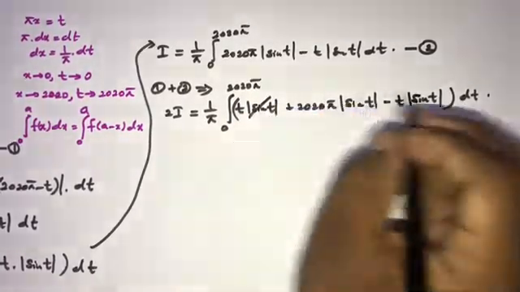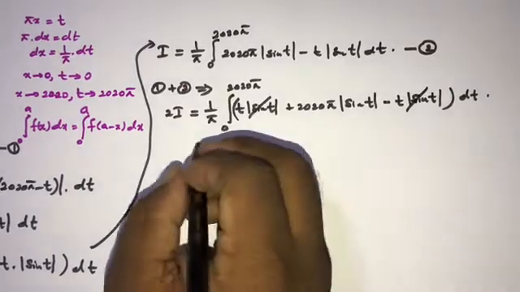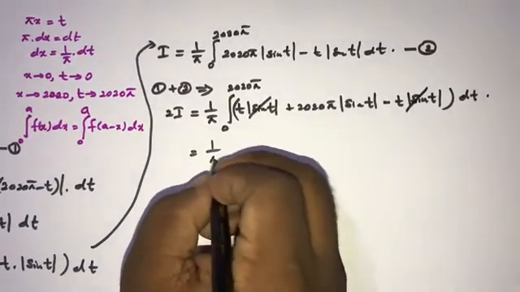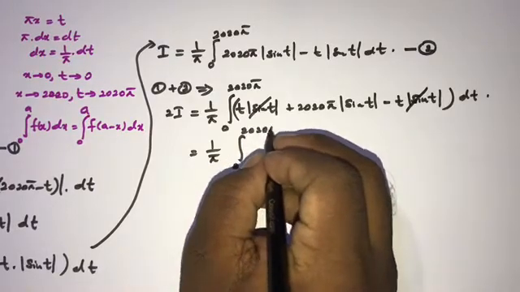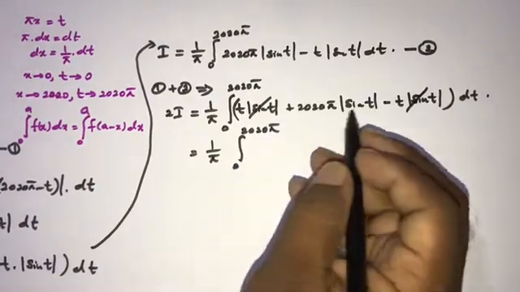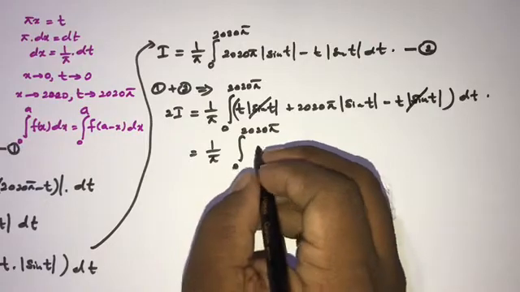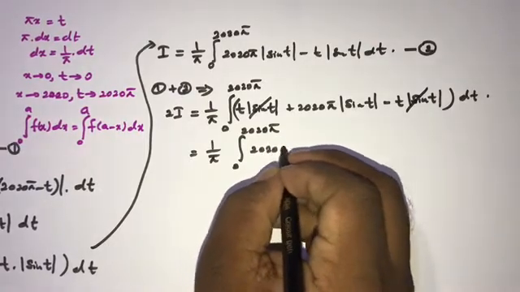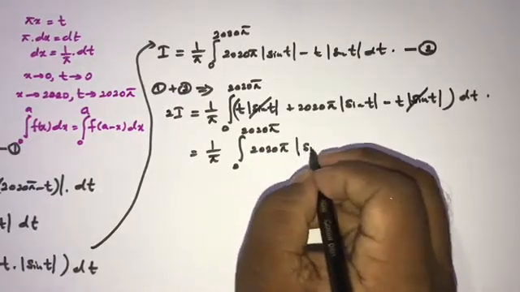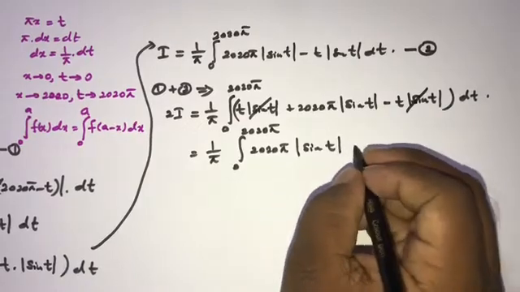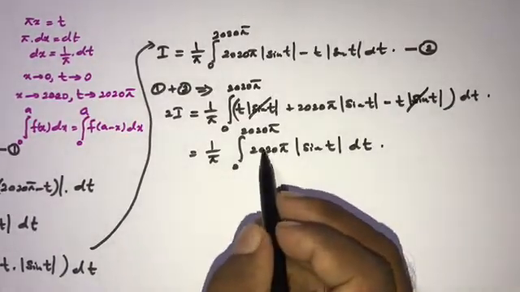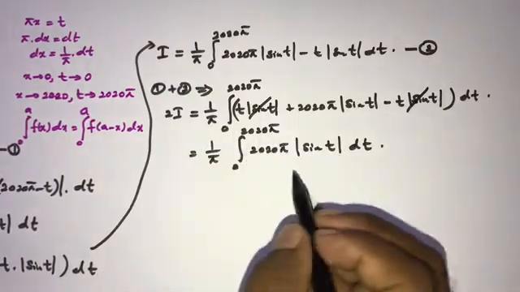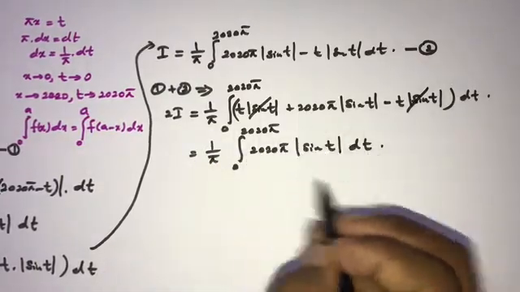Now this term gets cancelled, and now we have 1 over pi, integral from 0 to 2020 times pi of 2020 pi times absolute value of sine of t dt. Now 2020 times pi is a constant, so we can write it outside of the integral, and here absolute value of sine of t.